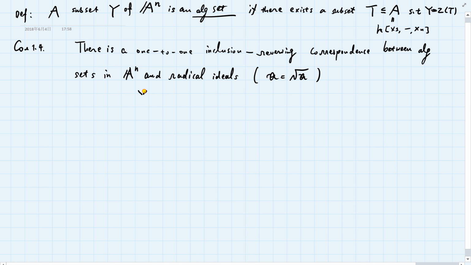It's given by sending an algebraic set to its ideal, and sending a radical ideal to its zero set.